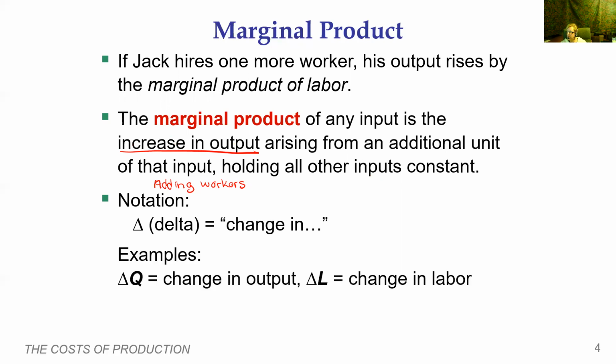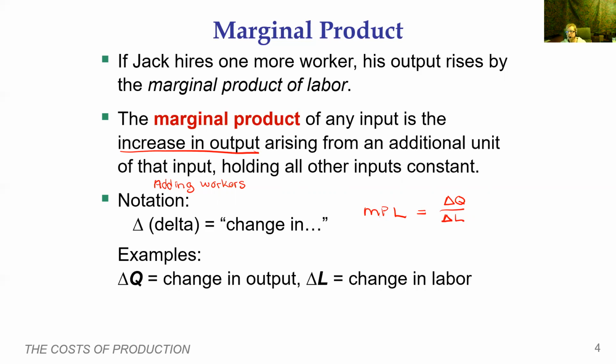So what we're going to do to measure the marginal product of labor is we're going to say the marginal product of labor, or MPL, is equal to the change in quantity divided by the change in labor. So this becomes another formula for us to know and to have.